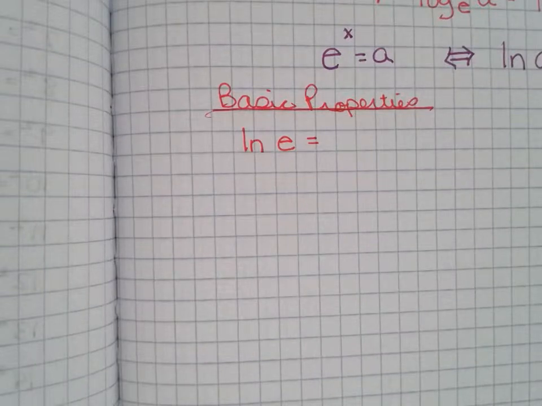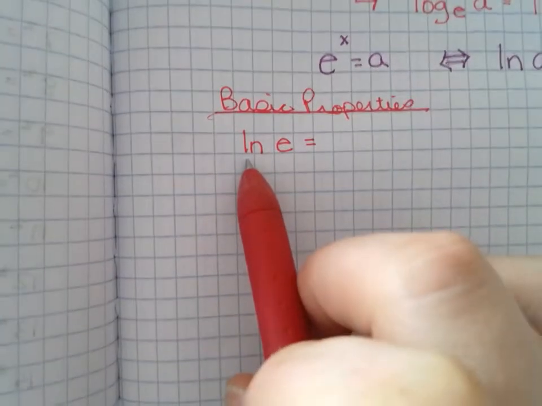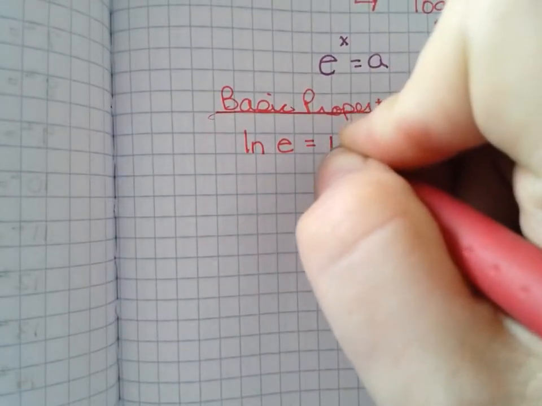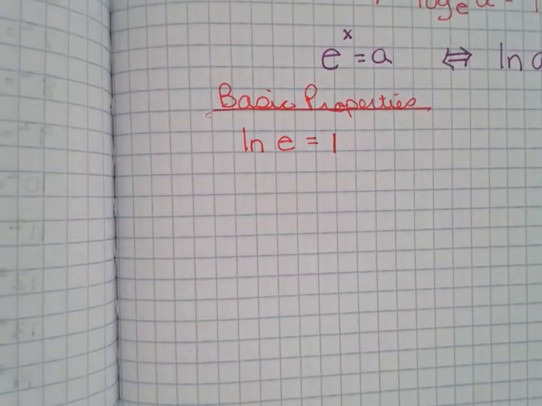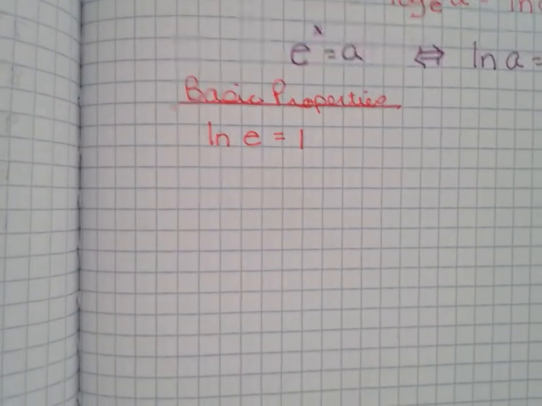Log base e. So if the base here is e, e to what power gives you e? 1, right? So anytime you see the natural log of e, that is always equivalent to 1. You can replace it with 1 every time. They are inverse functions of one another.